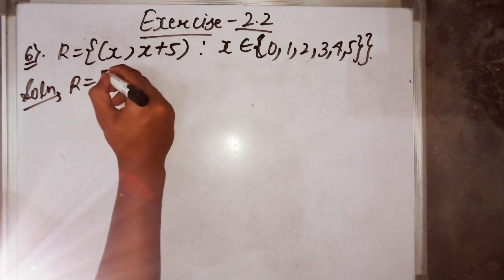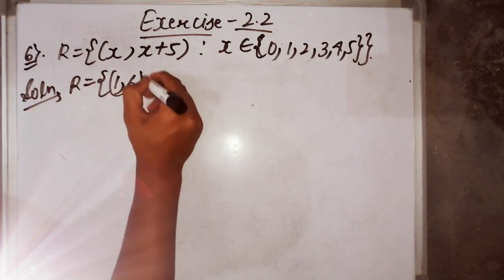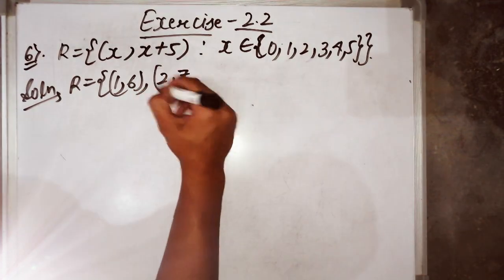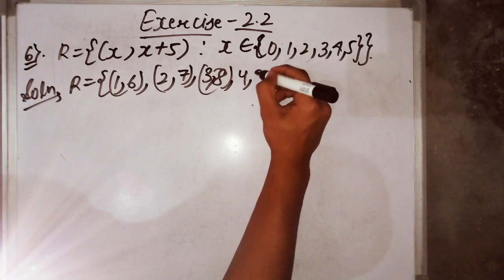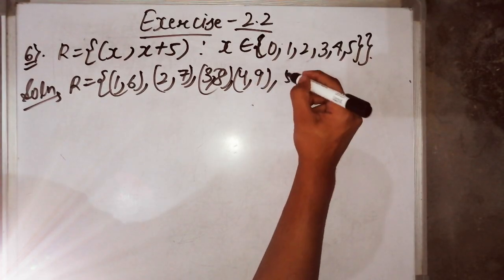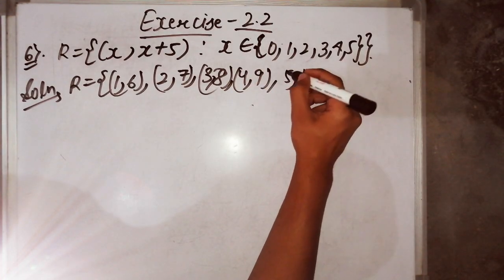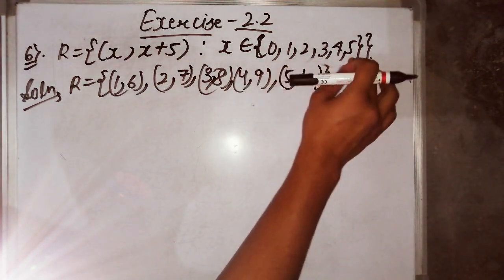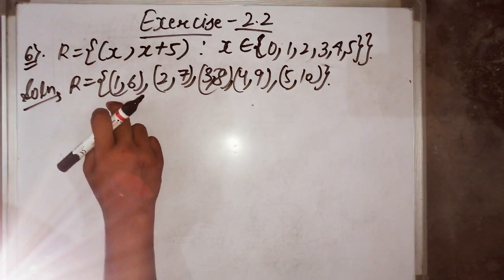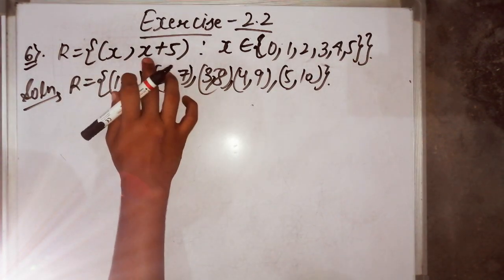R equals 1 6, 2 7, 3 8, 4 9 and 5 10, because the value of x is up to 5, and we have put the value of x here.